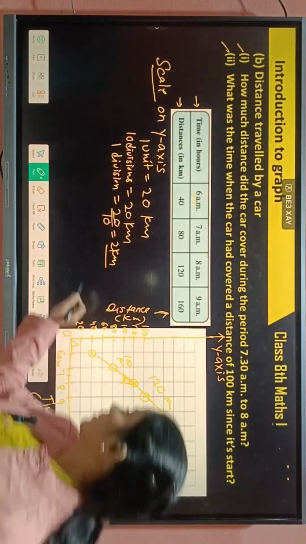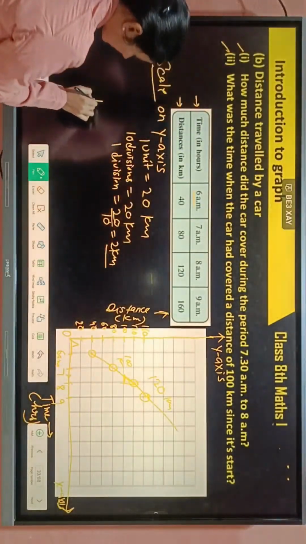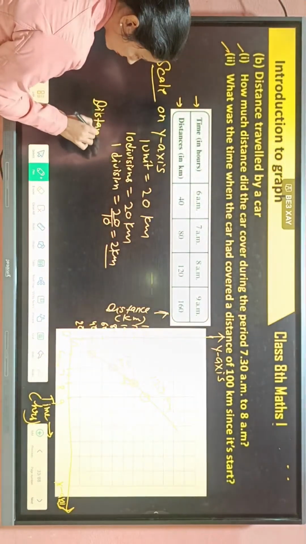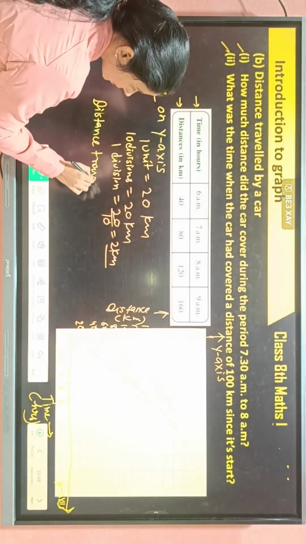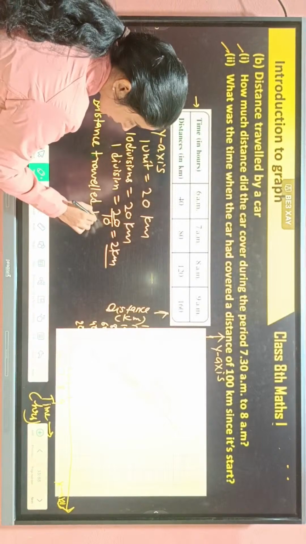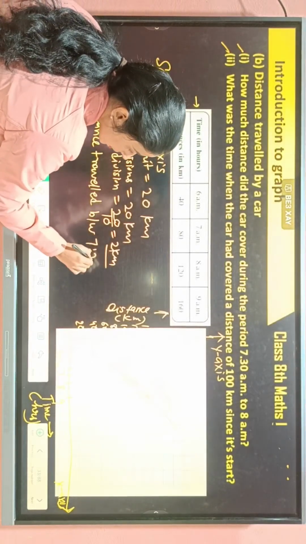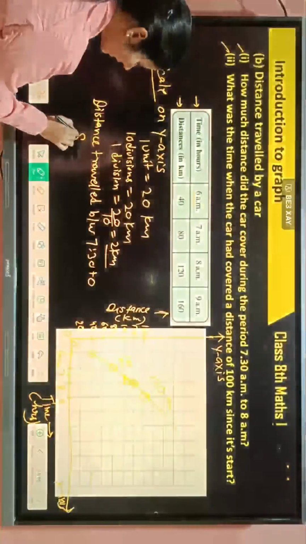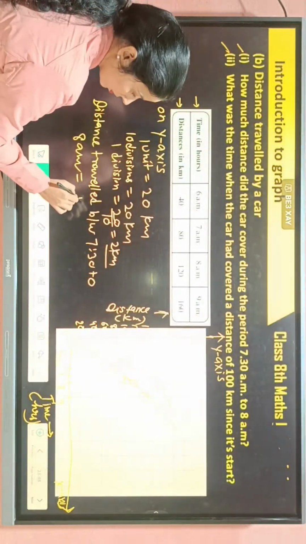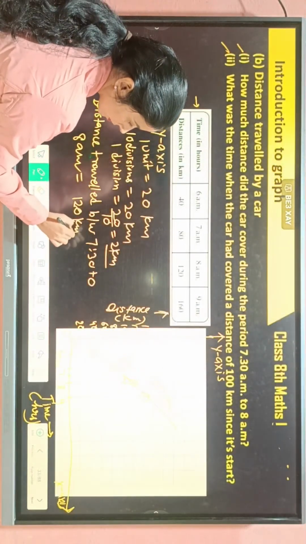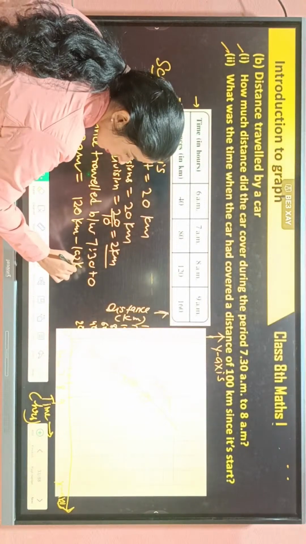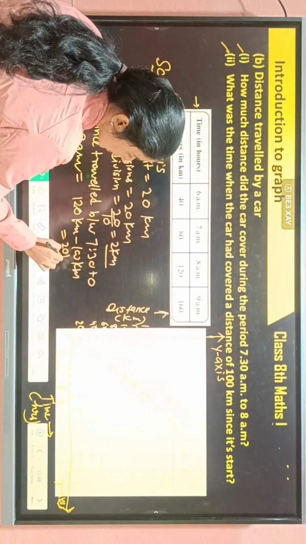You will write: distance traveled between 7:30 to 8 a.m. is 120 kilometer minus 100 kilometer, that is 20 kilometer.